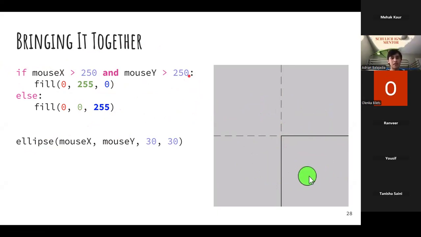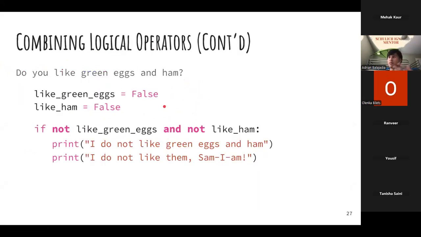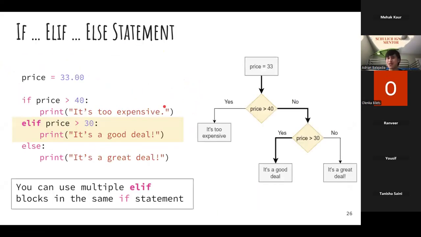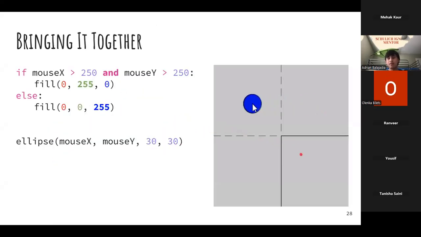You guys asked so many questions regarding the elif and the if statement. We could reframe this code by, let's say if we wanted to make this quadrant red, we could add an elif statement, a follow-up question, basically.